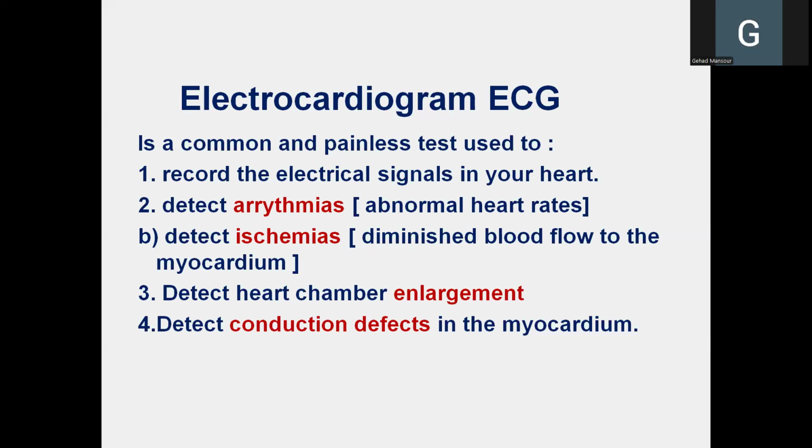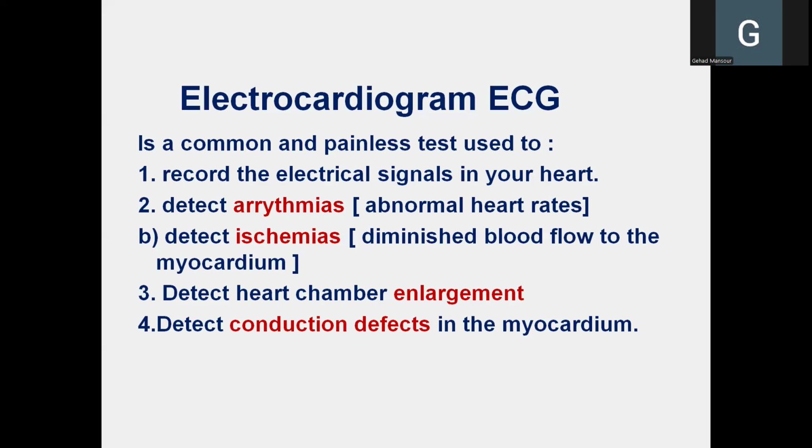You can detect ischemias like angina pectoris and myocardial infarction, mainly through visualization of the ST segment. A raised ST segment is an indication of myocardial infarction, whereas a depressed ST segment is an indication of myocardial ischemia.